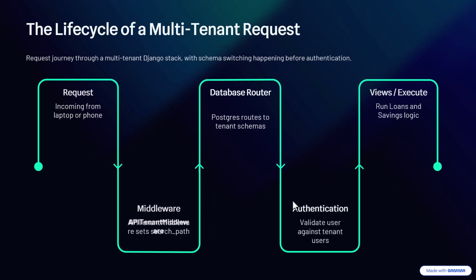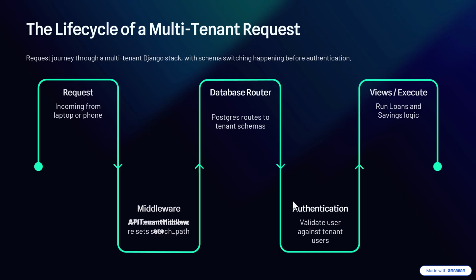So let's look at the life cycle of the multi-tenant request. In a typical request, you just have your request coming in, you have the middleware, then it will go directly into the view, because we basically have one database. But with Django tenants, or with multi-tenancy, the logic is going to differ just a little bit. So what we have over here is a request coming in.